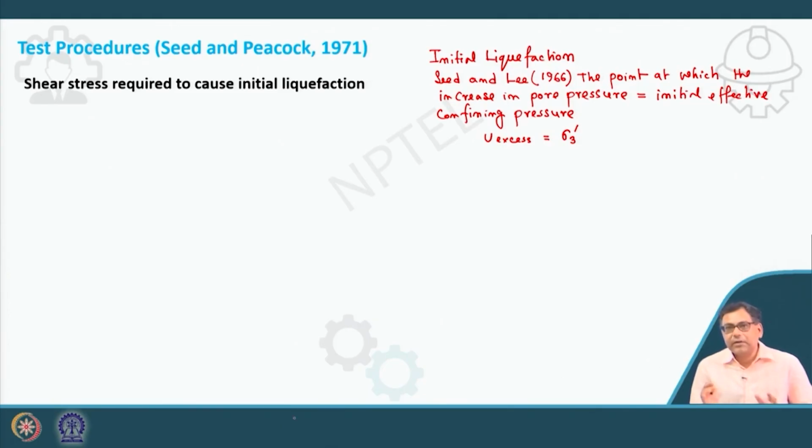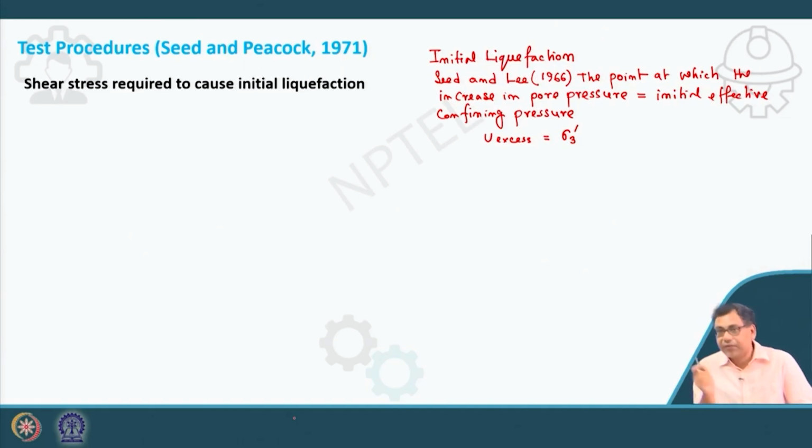Sigma 3, suppose if you see a triaxial cell, then in the triaxial cell we provide an all round confining pressure, that is your sigma 3. Similarly, if your excess pore water pressure is equal to sigma 3 bar, the effective confining pressure, initial means it is 0, you can say, so sigma 3 0 you can write.